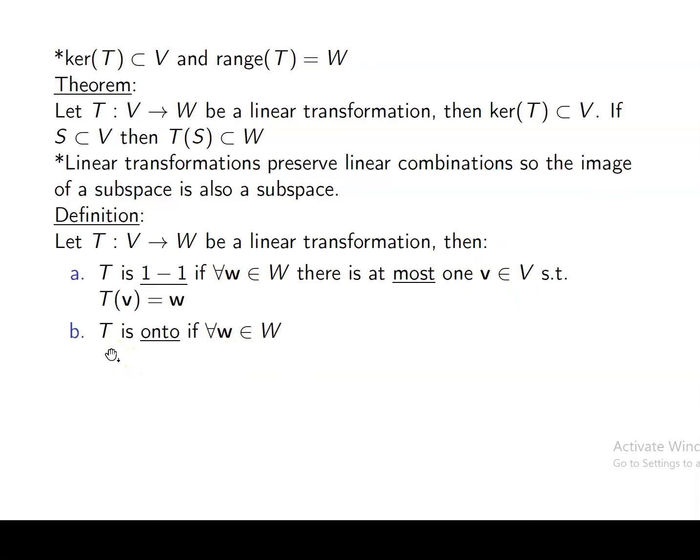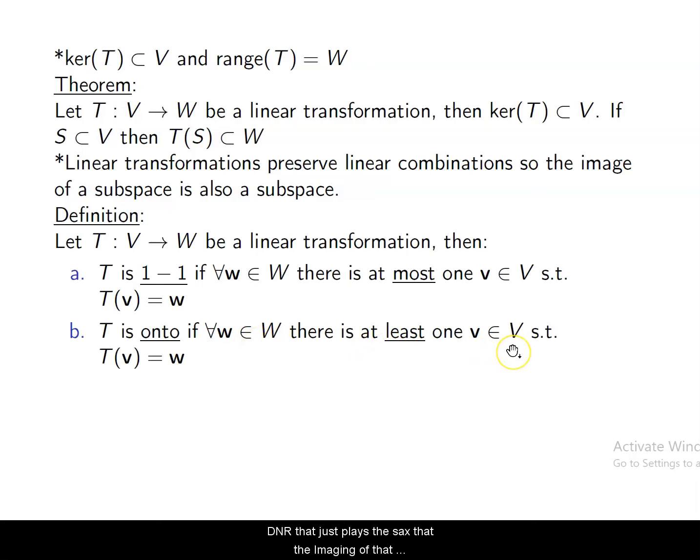T is onto if for every vector we have in W, there is at least one v in our vector space V such that the image of that vector goes to w. So what that means too is that everything in W gets mapped to by something, right? There's a full coverage of our vector space W, right? So there could be multiple vectors in V that go to a single w, but all of the w's have to be mapped to. That's what it means to be onto, okay?